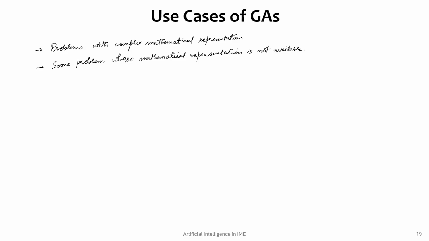So if you can convert your problem definition into the different operators and encodings of genetic algorithm, then you can utilize this algorithm for those problems as well where your actual mathematical representation is not available, right.